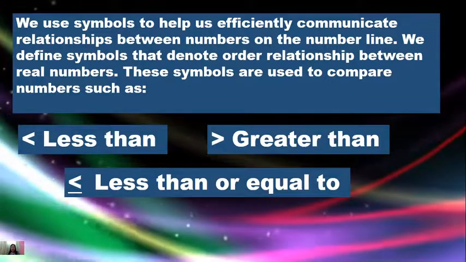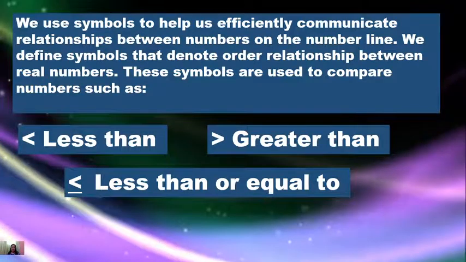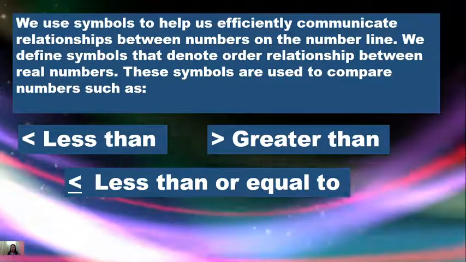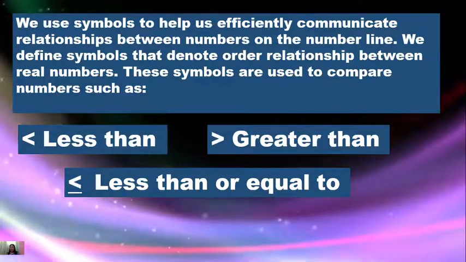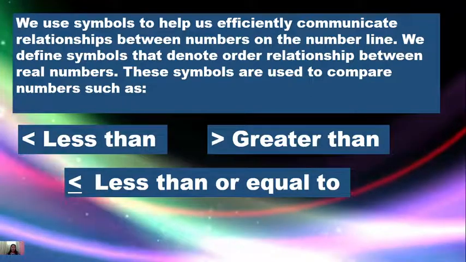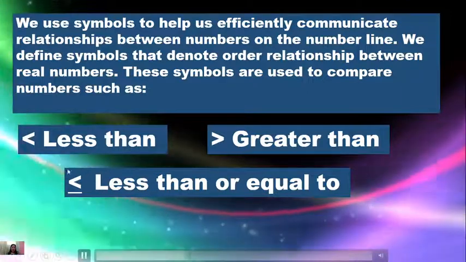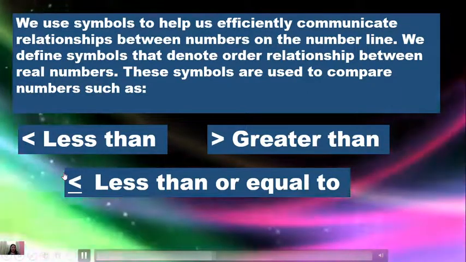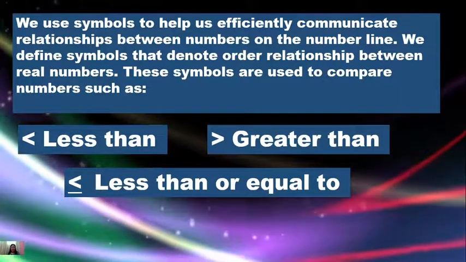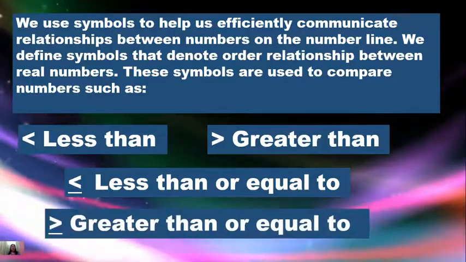Equal to 5 means you will start on 5. Less than 5 means 4, 3, 2, 1, 0, negative 1, and so on. So, if we will make use of this symbol, let's say 5, you will start on 5, 4, and so on. Okay, and its opposite is greater than or equal to.